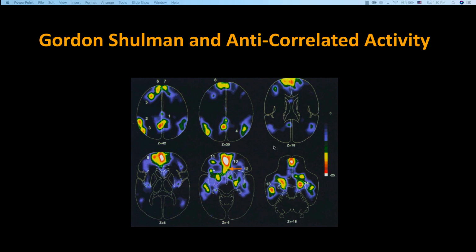For example, when he had them doing a task, dorsal ACC and intraparietal sulcus showed highly correlated activity. Whereas things like the ventromedial prefrontal cortex and posterior cingulate cortex, which I'll show you more in a second, showed consistently lower levels of activity and blood flow during those same tasks.